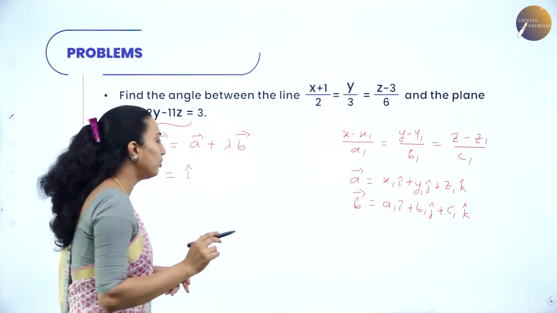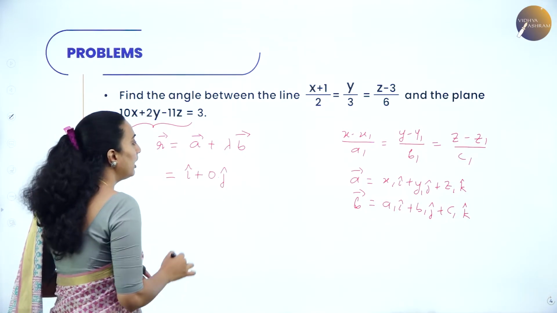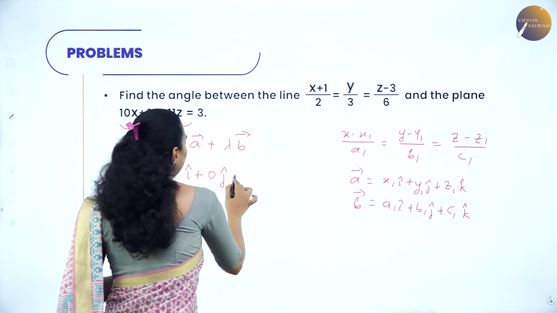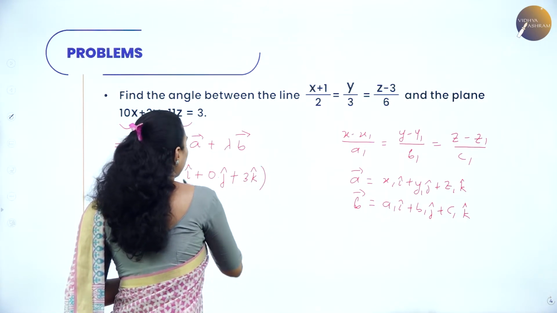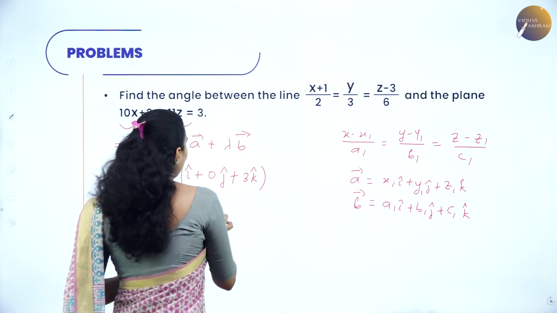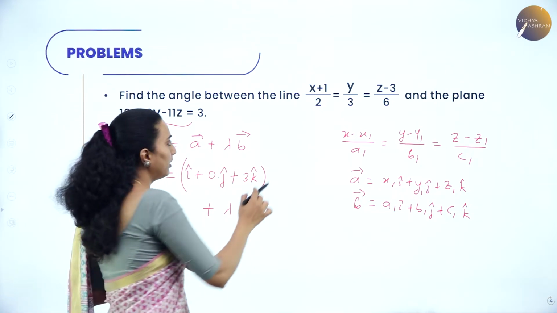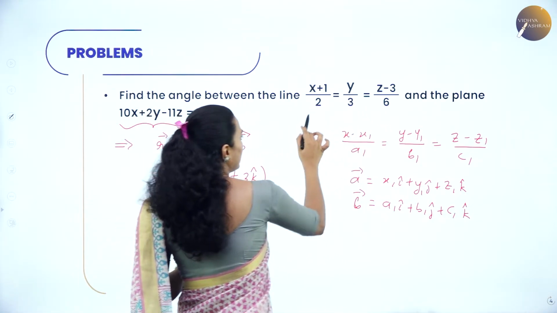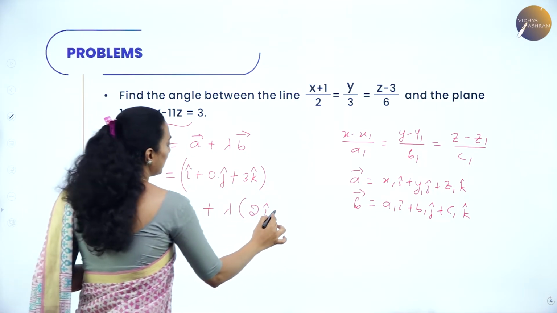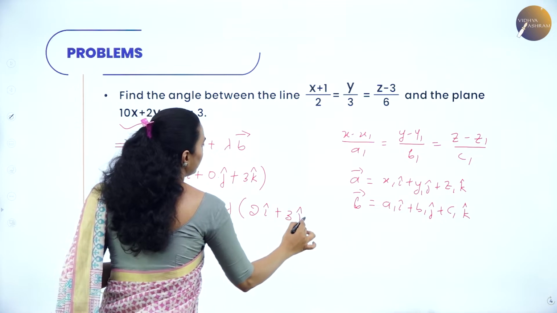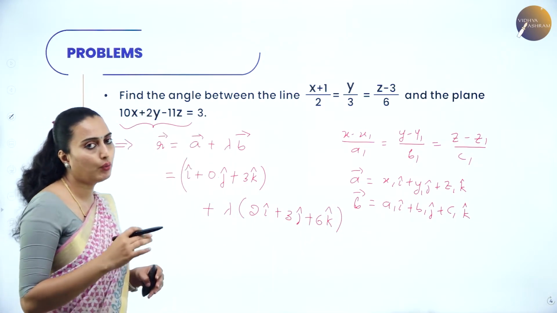Similarly, 0 into j, which is 0 only, and then plus you have 3k. So plus lambda into the b vector. The b vector is nothing but the denominators, that is a1, b1, c1, which is 2i plus 3j plus 6k. Okay, this is the b vector.